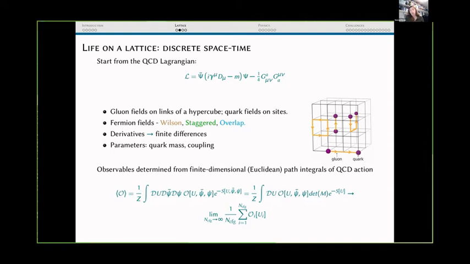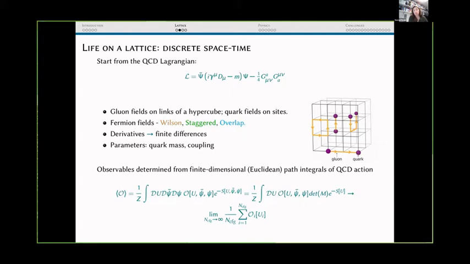One point to note is that in lattice simulations of QCD, there are essentially two input parameters. One is the quark mass, which appears in the Lagrangian, and the second is the coupling, which you can think about as the lattice spacing, the distance between the sites on this lattice, which in lattice terminology is often written as little a.